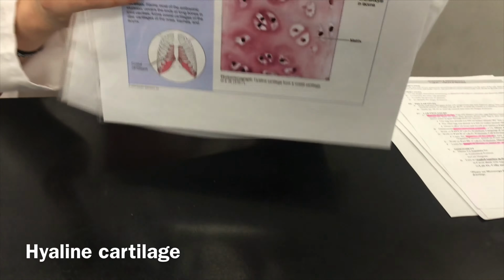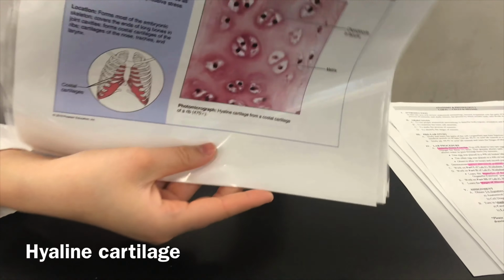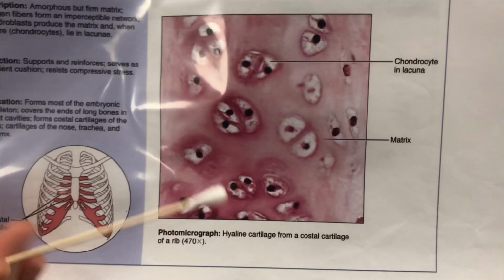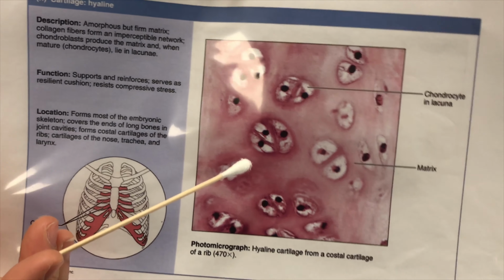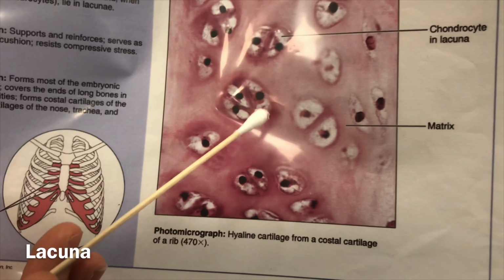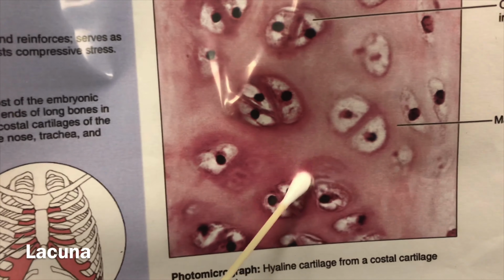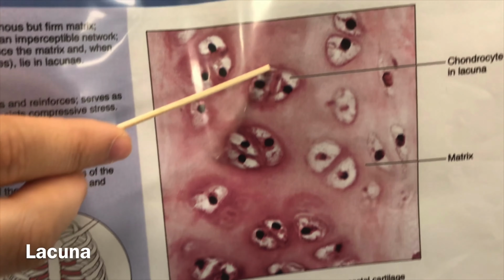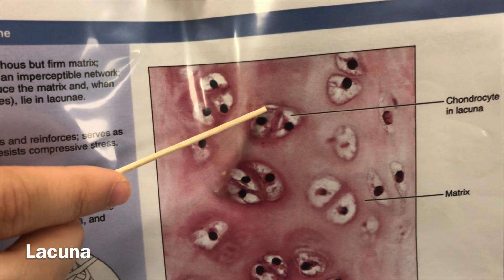All right, lastly, we have our hyaline cartilage. Cartilage is also a type of connective tissue. This one could be a little more confusing. You have your lacuna, which is essentially the little socket that the cell sits in. If you look at this cell right here, you see this little space on the outside of the cell.